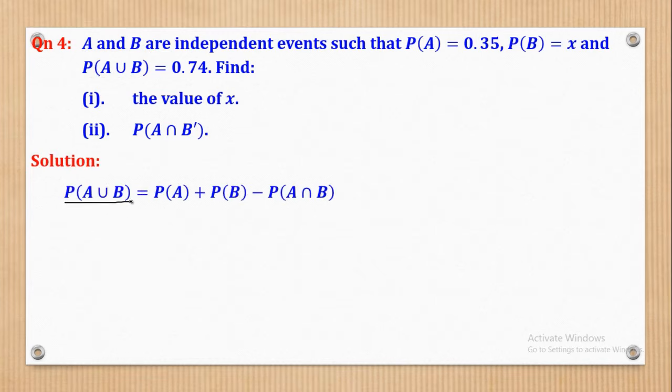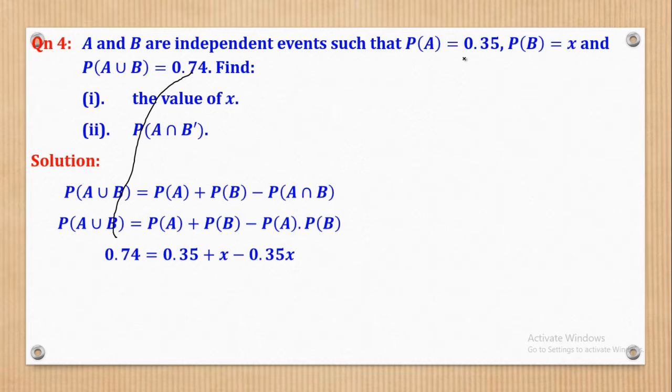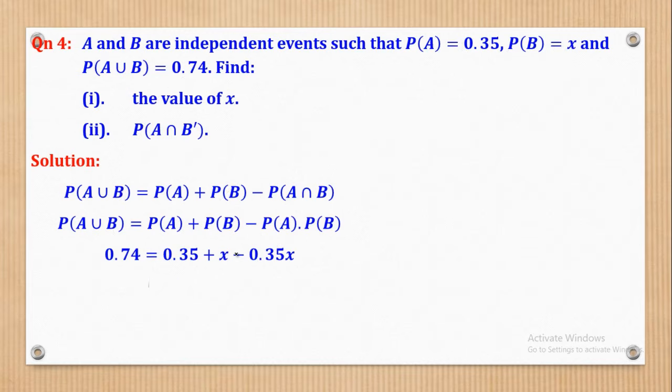So first of all, I'll expand the A union B. Then I remember that these two are independent, so I replace them with the product of the individual probabilities. Then substitute what is given. A union B is given, probability of A is given, and probability of B is X. So I only have X, therefore I have to look for a way of making it the subject, and X will be equal to 0.6.